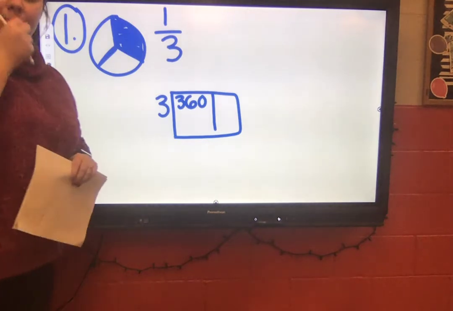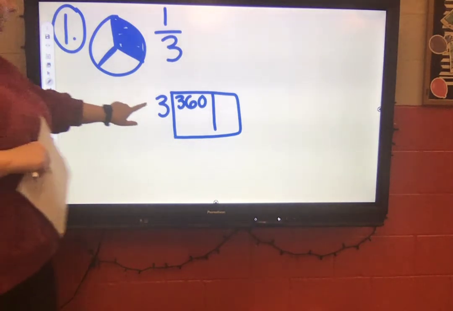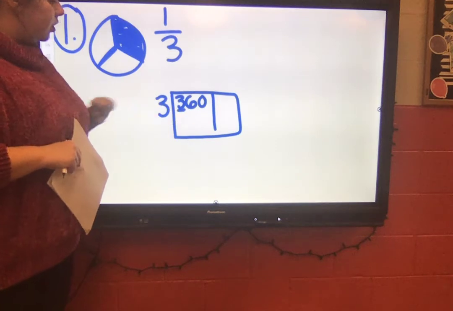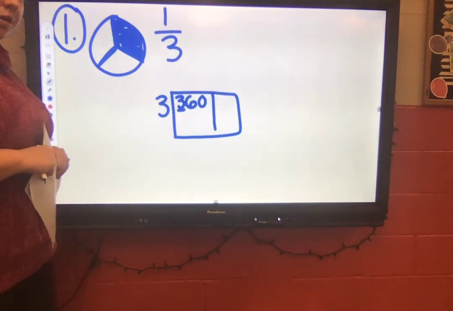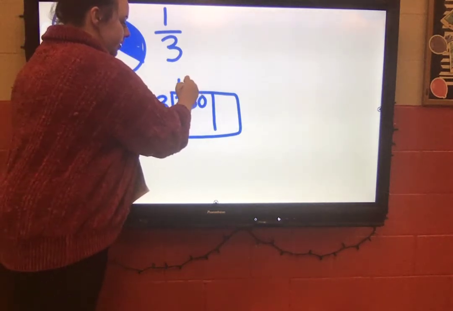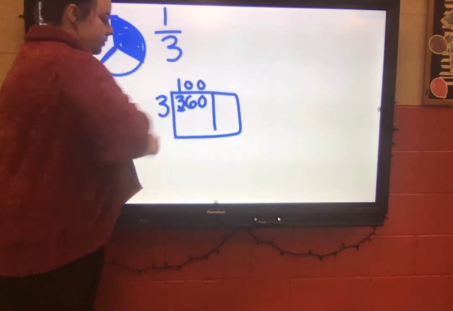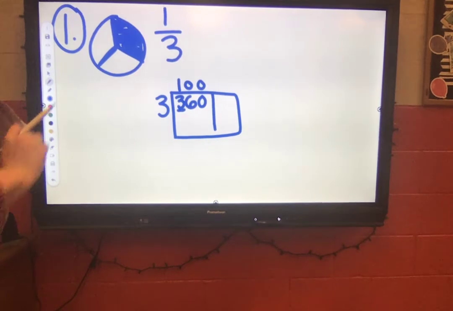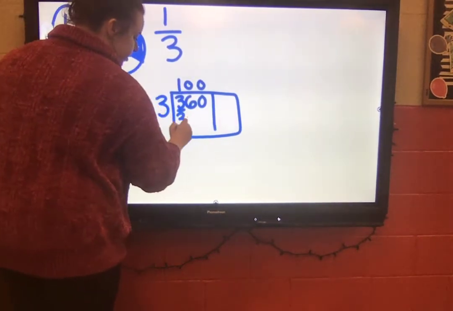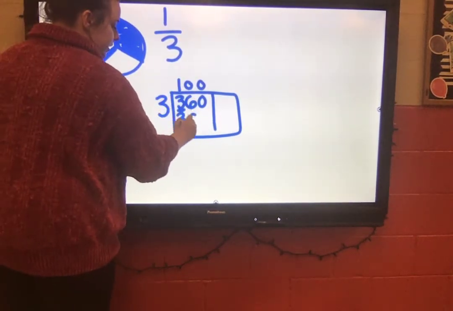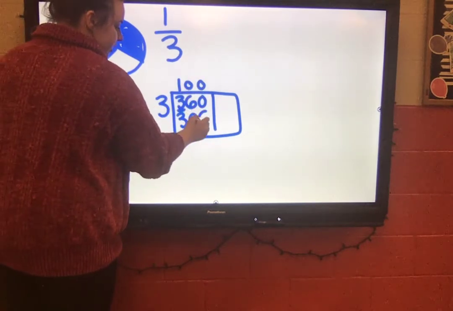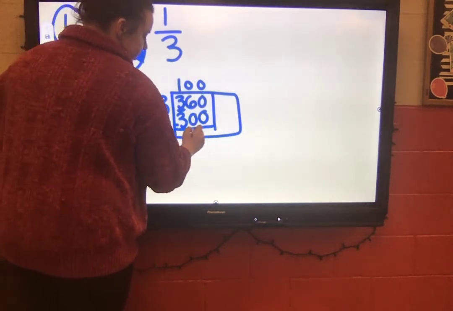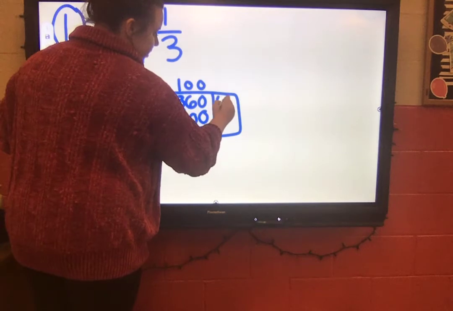It's easier to eat when we have smaller pieces. So how many times will 3 go into 3? 1. I'm going to fill in a 0 and a 0. So 1 times 3 is 3. 0 times 3, 0. 0 times 3, 0. Subtract it, and you get 60. So we're going to put 60 over here.